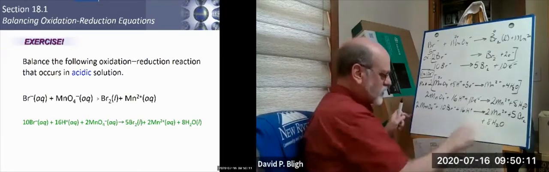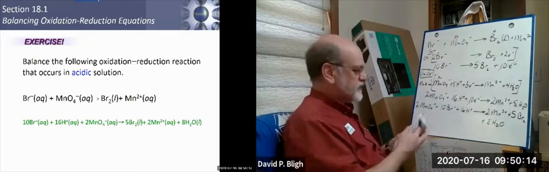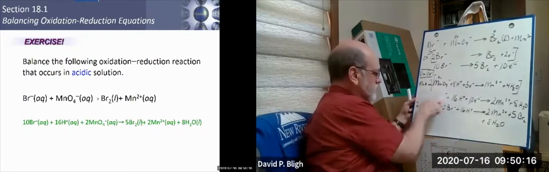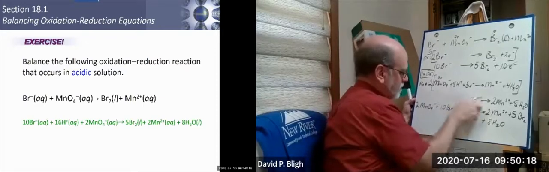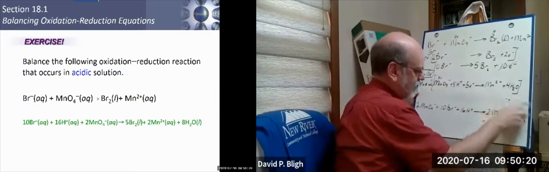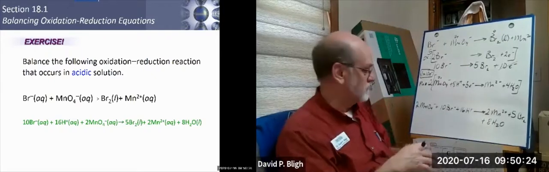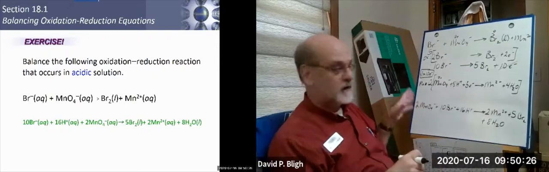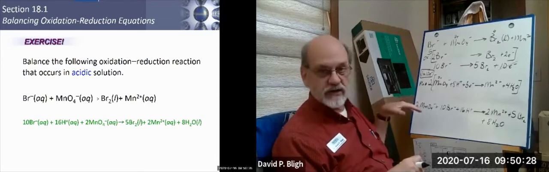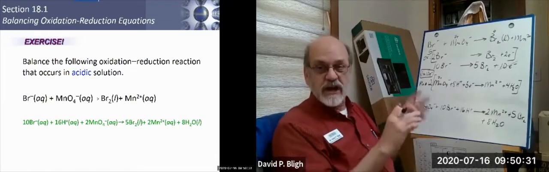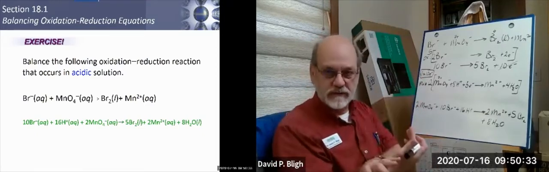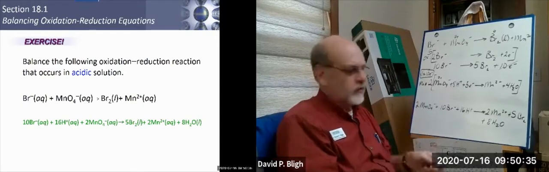We'll take this equation and keep it. This is the acidic balanced equation. Now, the oxidation and reduction have not changed. It's the same oxidation and reduction as the acidic, but now we're changing the character of the solution to basic. That's all we're doing.